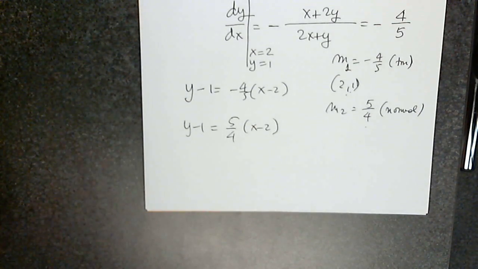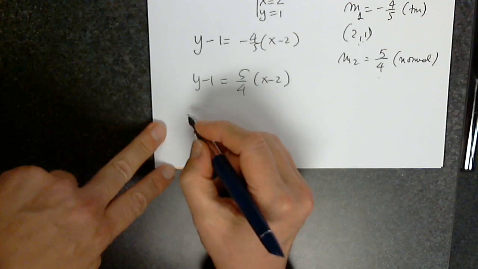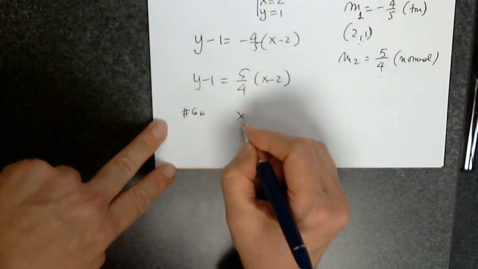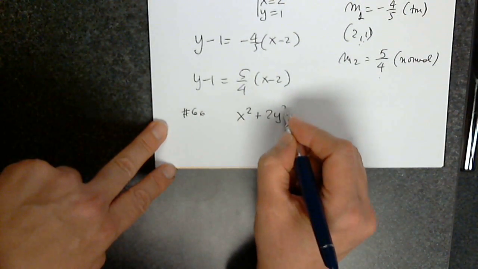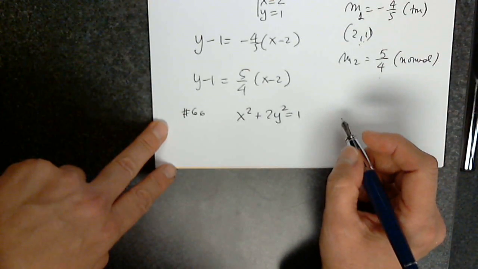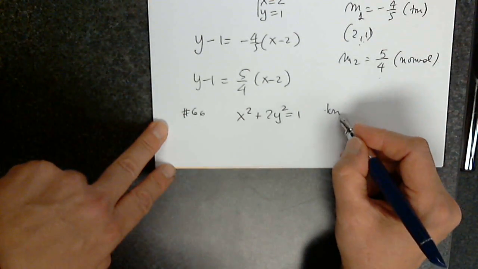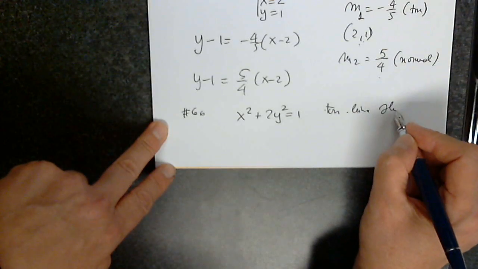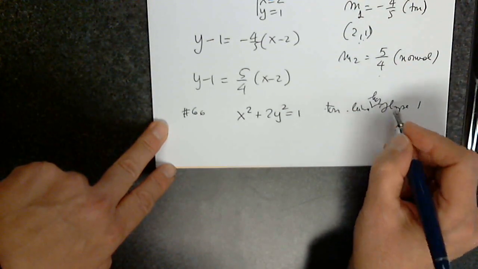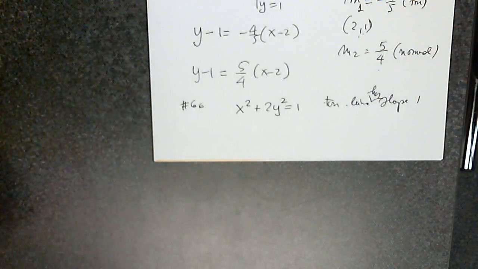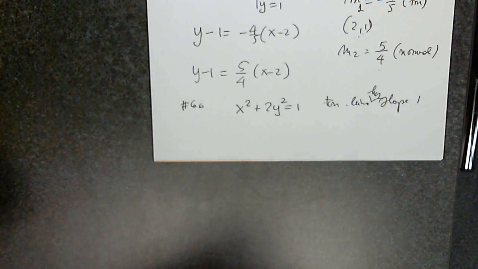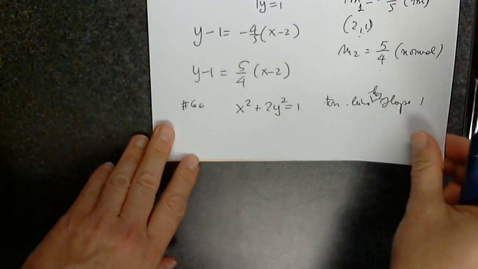Okay, let's look at 66. Find the points on the ellipse where the tangent line has slope 1.